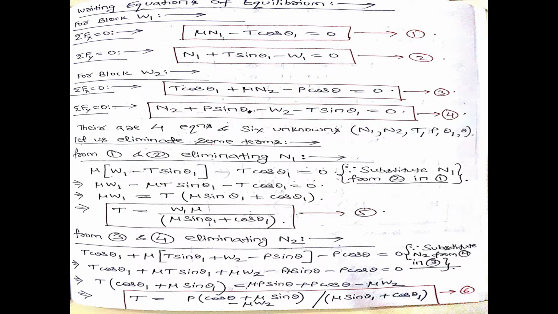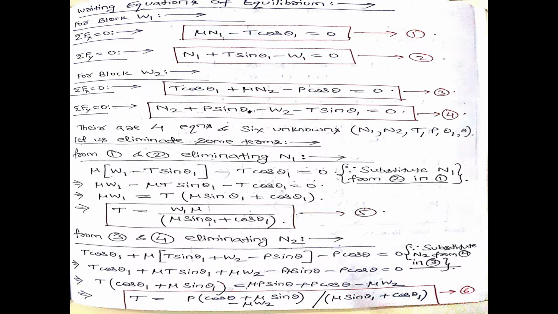So equation number 3 becomes T cos theta 1 plus mu times (T sine theta 1 plus W2 minus P sine theta) minus P cos theta equal to 0.